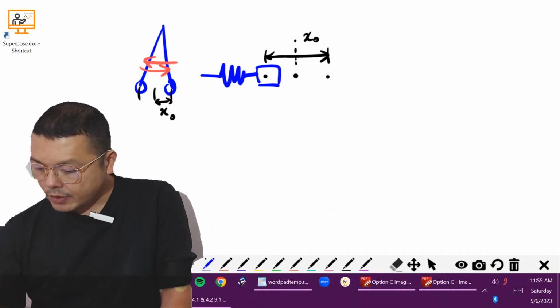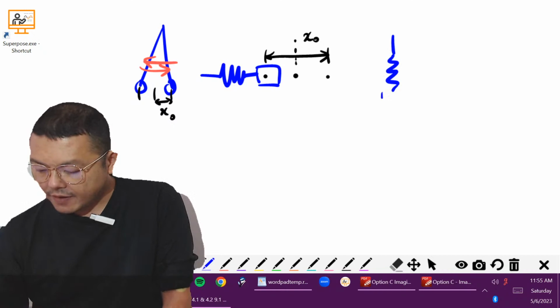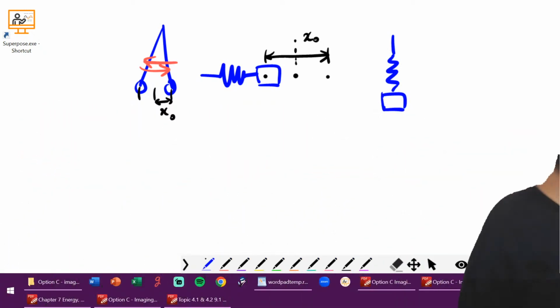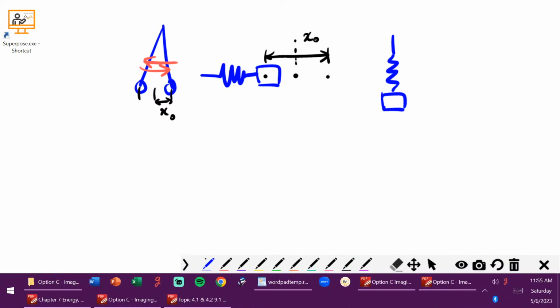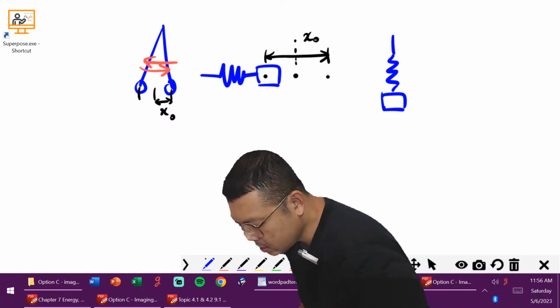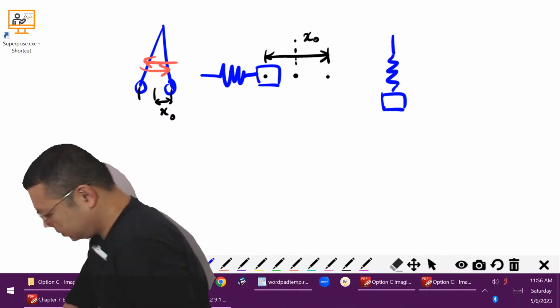Then you have this system, which is a vertical spring mass system. So your vertical spring mass system is kind of like this. You have a spring. Where's my spring? Oh, here.